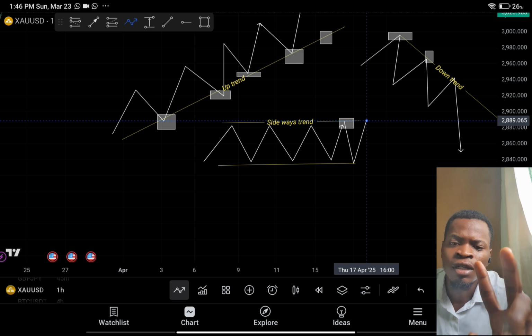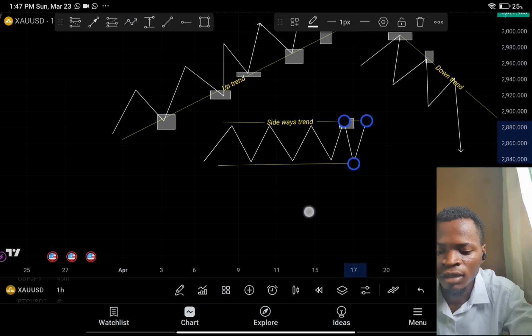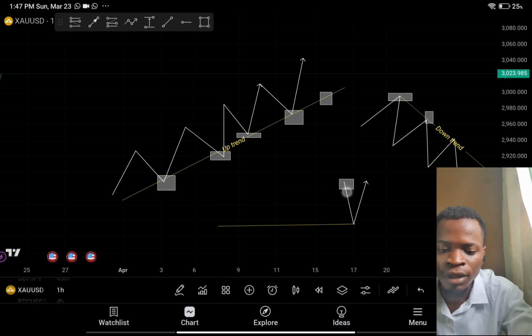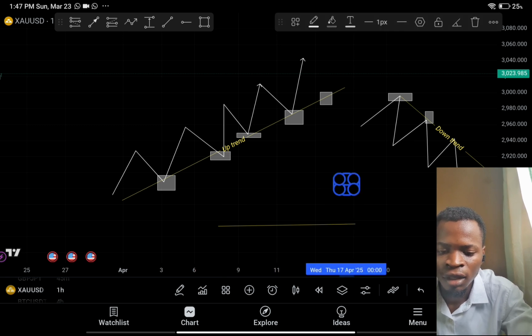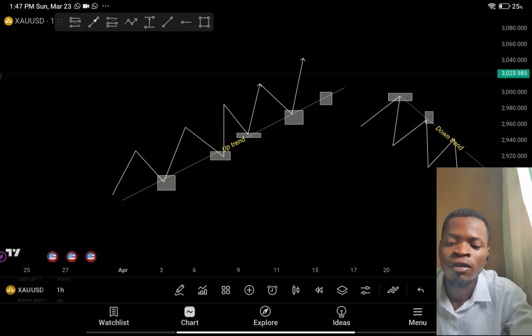So now there are 2 major things you need to have in your mind while using trend line. Number 1 is that this trend line can break. And number 2 is that you can also have multiple trend lines in your chart or in the market.